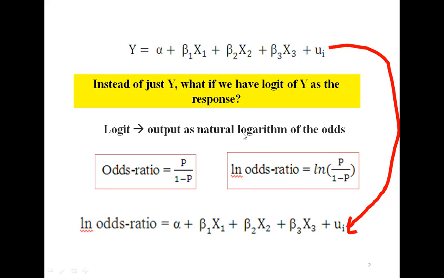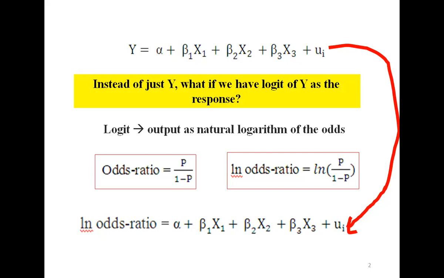So we all know what natural logarithm is, okay? Log base e, where e is 2.718. What is odds doing over here? If your dependent variable happens to be technology adopted or not adopted, then we have odds: the probability of the farmer adopting the technology to the probability of the farmer not adopting the technology.